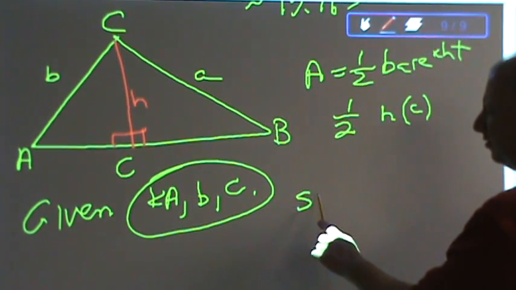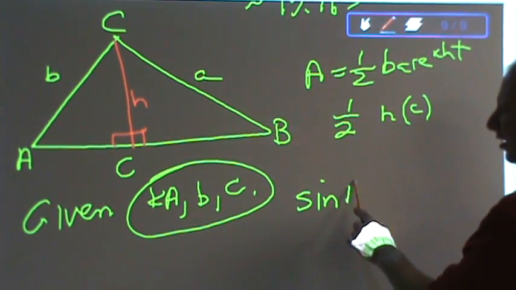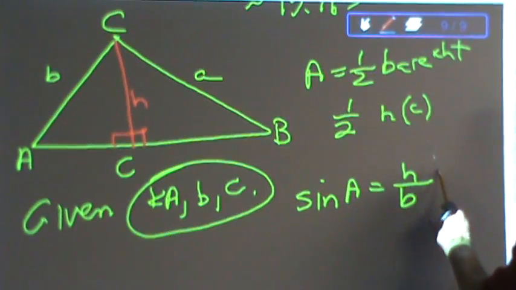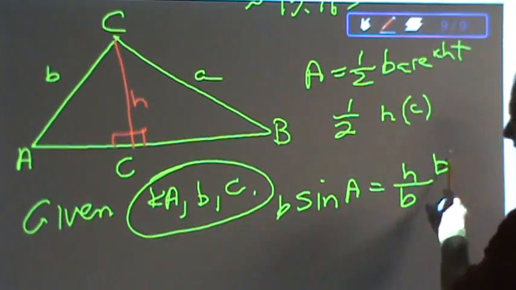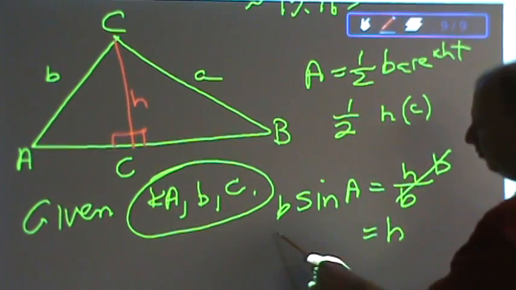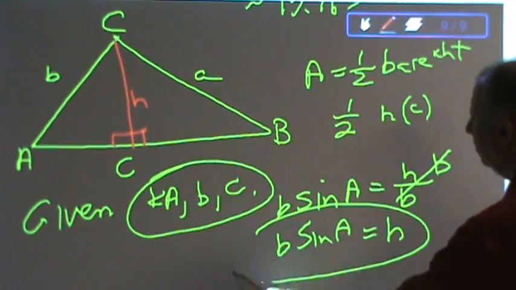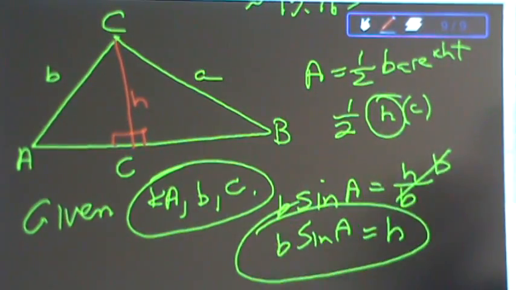Can I say sine of A is equal to H over B? And then if I multiply both sides by B, I can say H is equal to B sine A. Wait a second. What can I do now? Substitution.